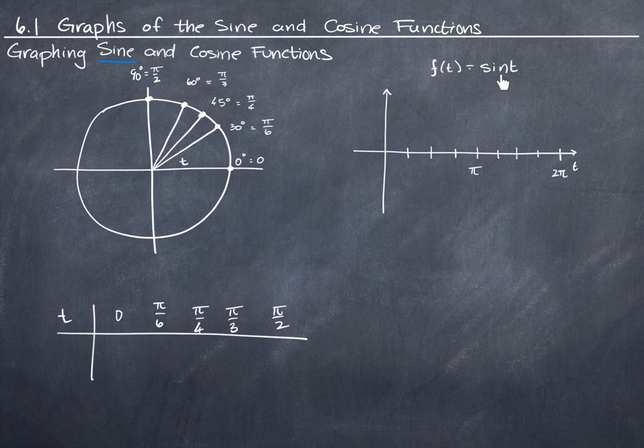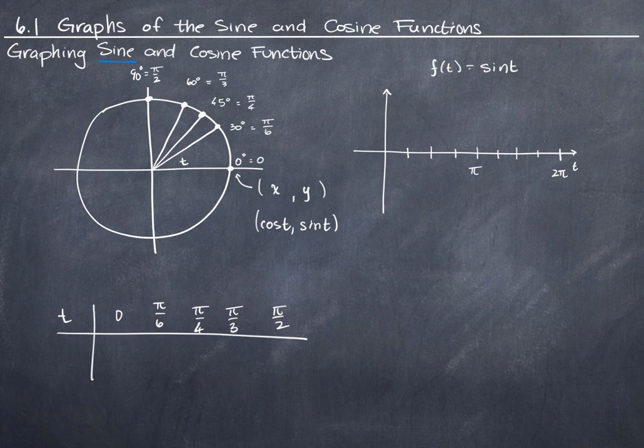Remember that the sine of t is the y-coordinate of a coordinate pair, right? So I can write the coordinates of this point right here as x comma y, or as cosine t comma sine t.